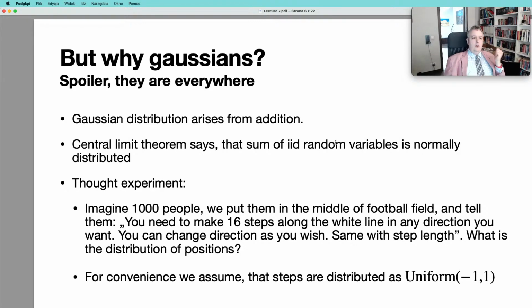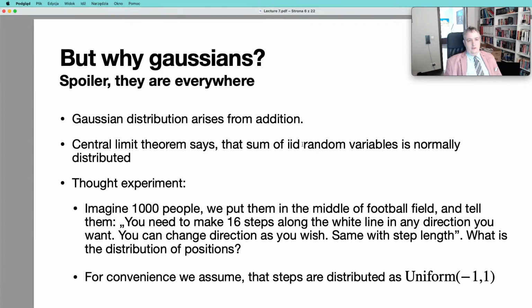First of all, we know from the central limit theorem, which you should remember from the probability course in the first year of your studies, that the sum of identically distributed independent random variables is normally distributed.